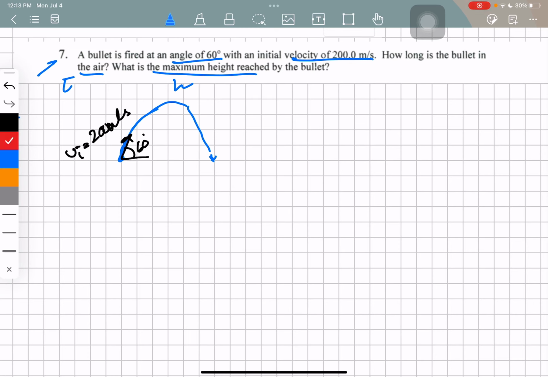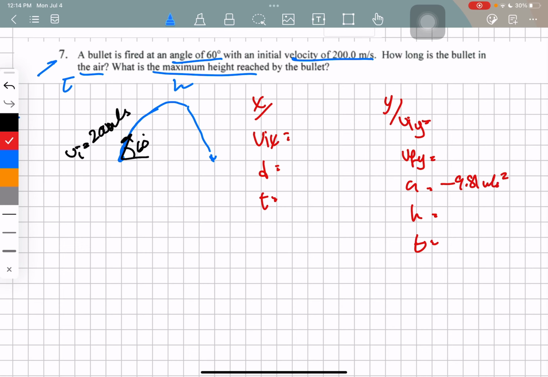To do this, first we have to figure out the x and y components. So that's your x component, that's your y component. For x we have the VIX, the distance, and the time. For y we've got the VIY, the VFY, the acceleration, the height, and the time. We know that the acceleration is negative 9.81 meters per second squared.